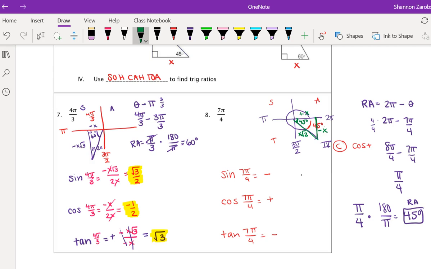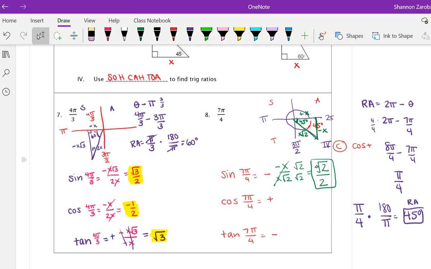If I do opposite over hypotenuse, sorry, opposite is negative x over x root 2. So negative x over x square root of 2, which, remember, the x's are going to cancel, and I can't have a radical in the denominator, so I'm going to multiply. So I'm going to end up with negative root 2 over root 2 times root 2, which is 2. And this is your final answer for sine.